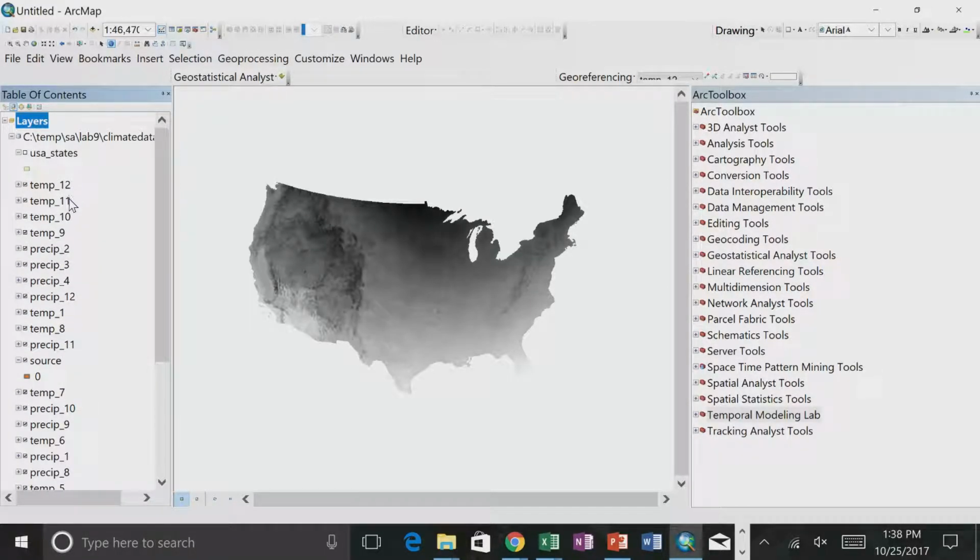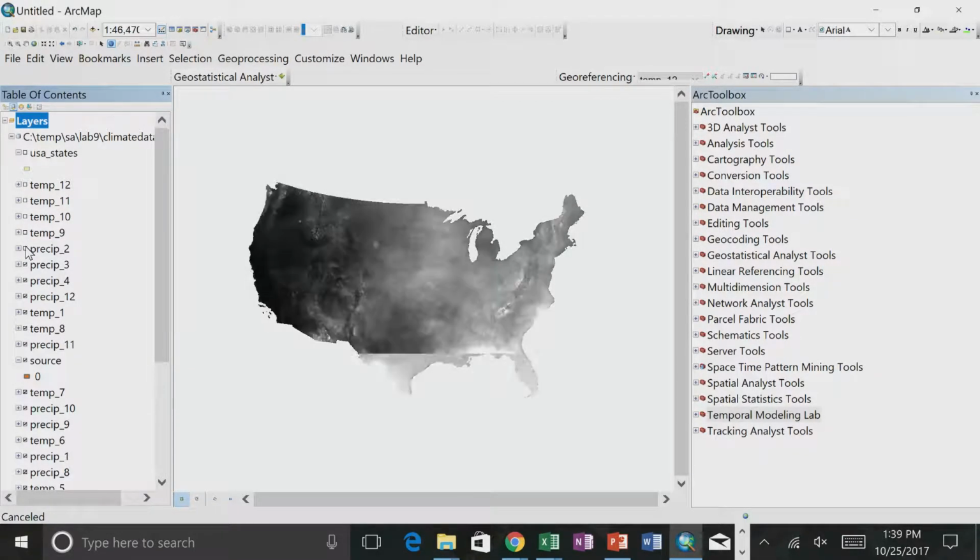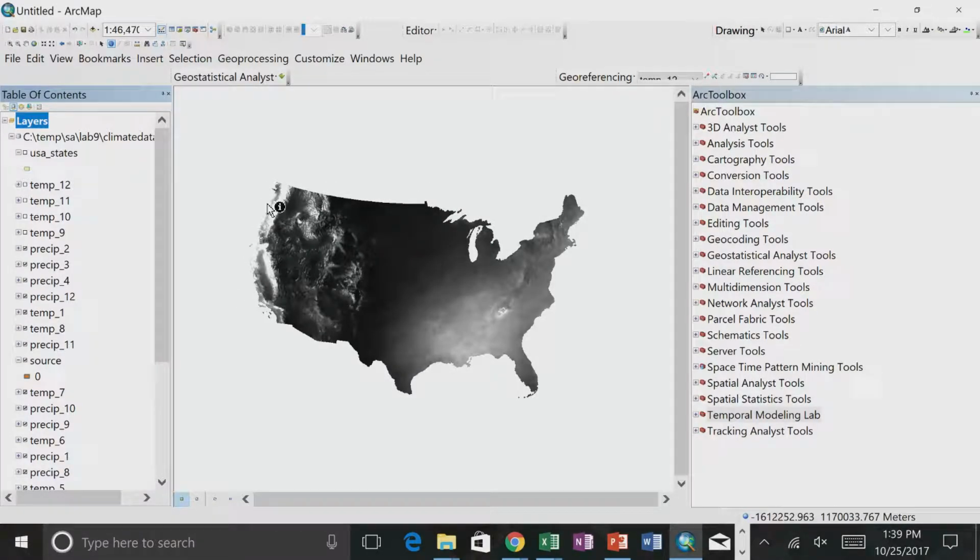Okay, so we've got 12, 11, 10, 9, 8, 7, 6. So we've got all the months of the year and all their averages. Same with precipitation. We've got a precipitation value here. Let me turn off some of these. Oh, here's the first precipitation. So this is February precipitation in the United States. Is that what you'd expect? Look reasonable? Where's it raining the most, it looks like?